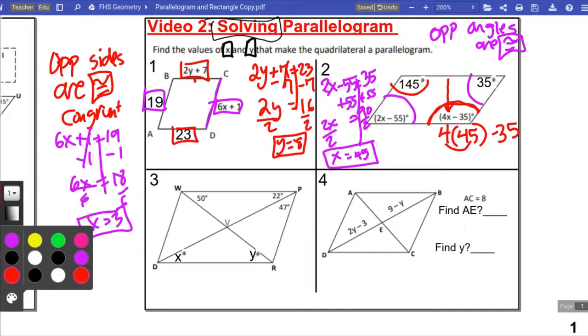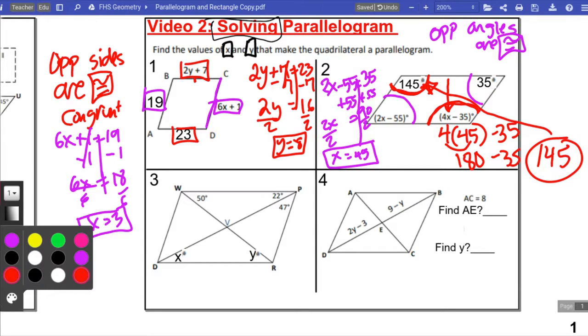I have my calculator next to me here. I'm going to plug it in. It gives me specifically 180. If you take 35 away from 180, you have 145. And you see, the diagonal opposite angle also matches 145. So it needed to be the exact same answer.